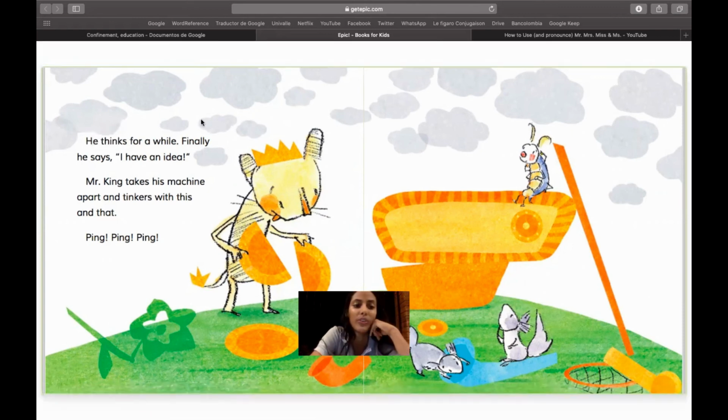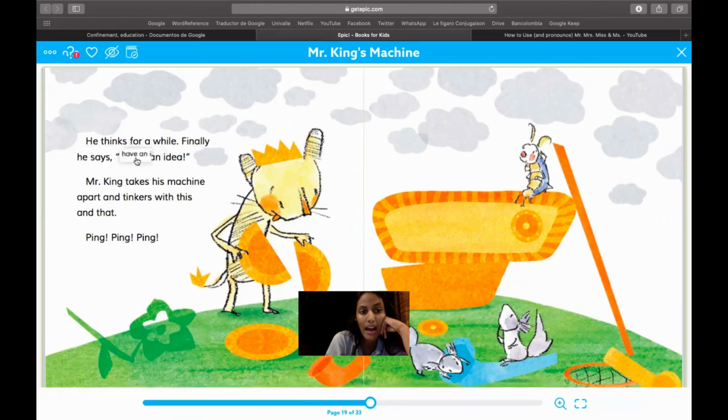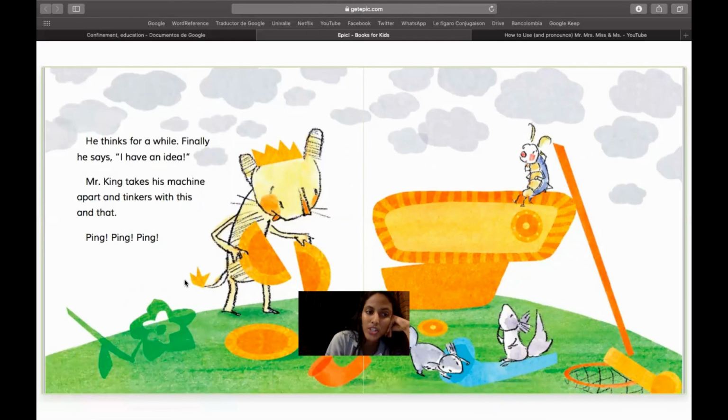Piensa por un momento. Finally, he says, I have an idea. He says, singular, I have an idea. Tengo una idea. Mr. King takes his machine apart and tinkers with this and that.